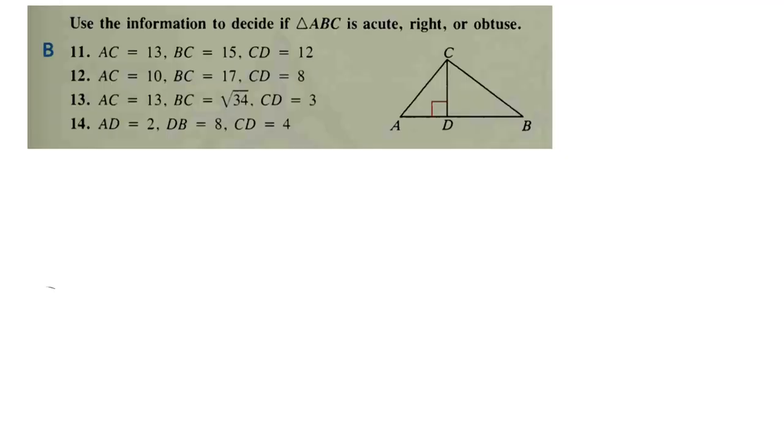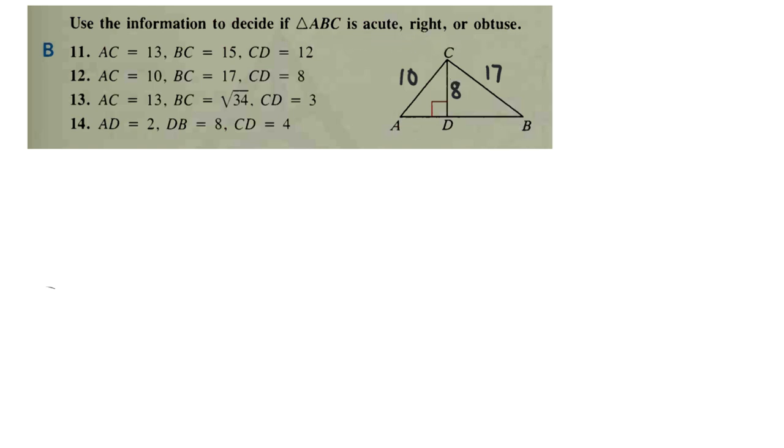All right, so we got a few others here. I'll jump into number 12. In number 12, AC is 10, BC is 17, and CD is 8. The question is, decide if triangle ABC is acute, right, or obtuse.